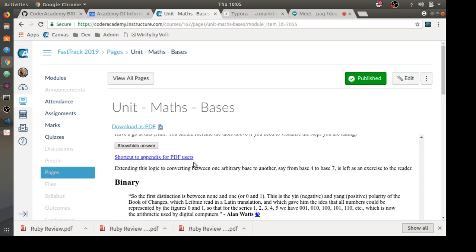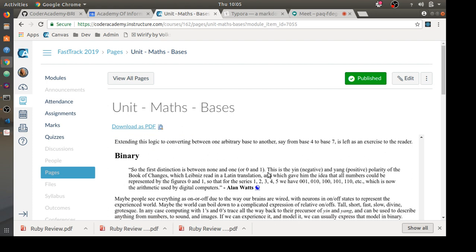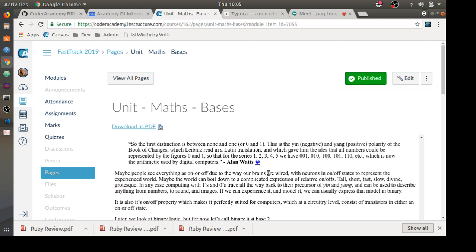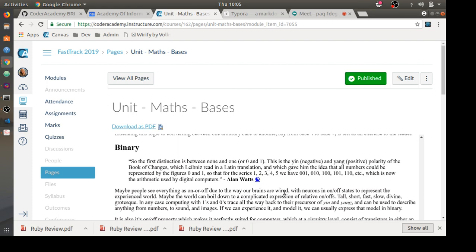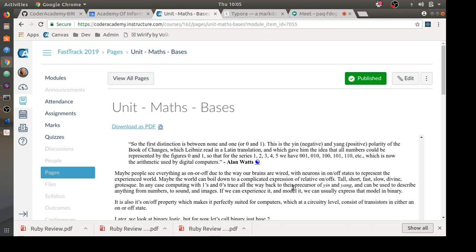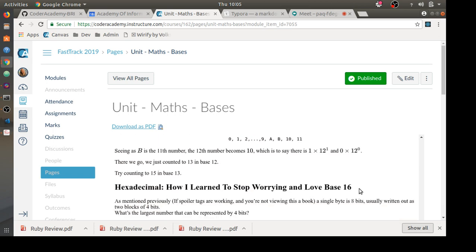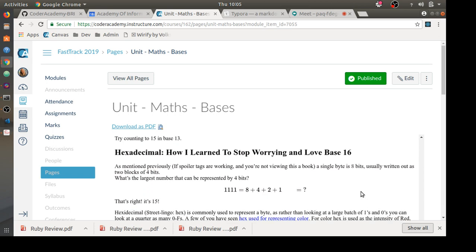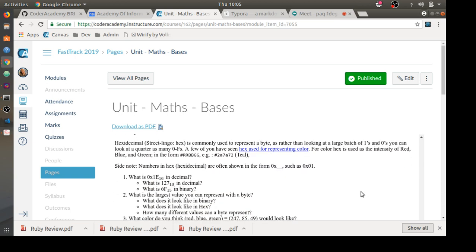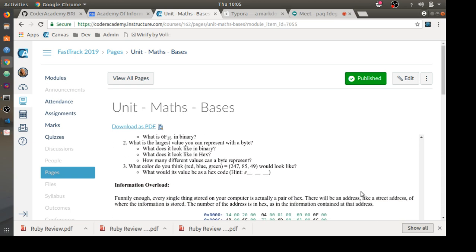There's a PDF that you can download of this too. It's really nice. There's an Alan Watts quote in here. I love Alan Watts. So that's nice. Binary, arbitrary bases, bigger than 10, hexadecimal, how I learned to stop worrying and love base 16. He's got a bit of humor in here, which is nice.